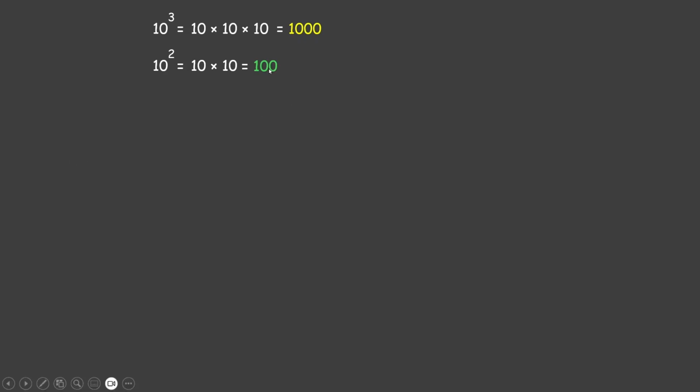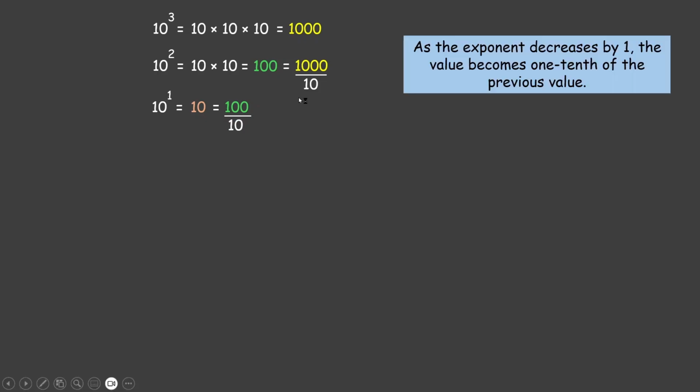We can also write 100 as 1000 divided by 10, right? Now, 10 raised to the power 1 is 10, which can also be written as 100 divided by 10. So, as the exponent decreases by 1, the value becomes 1/10 of the previous value.